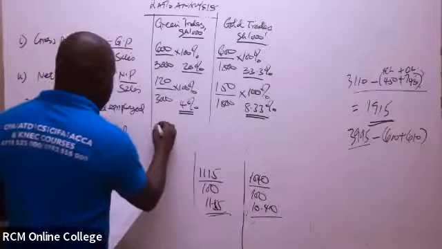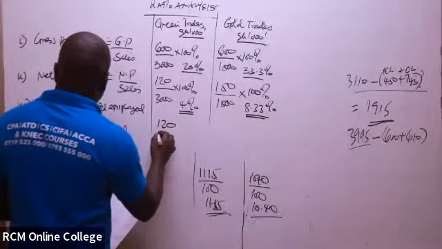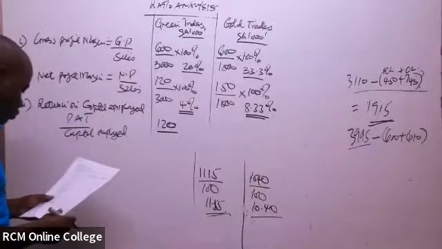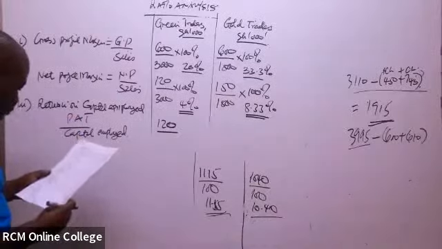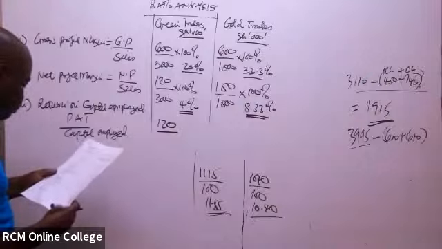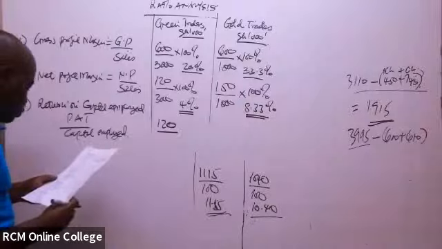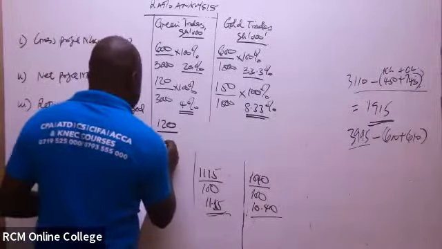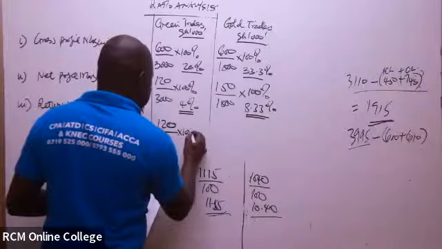So this one is actually 120 over the capital employed. You can take the equity part there, or you can take the total assets minus the total liabilities. So we'll have in this case 120 over 600 times 100%.